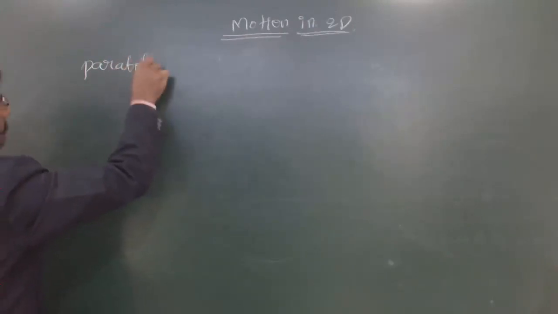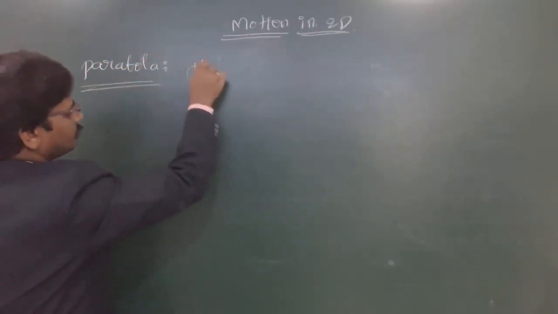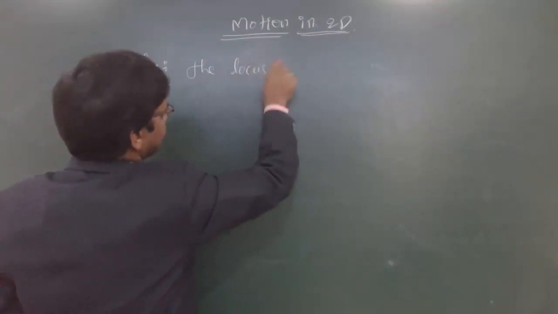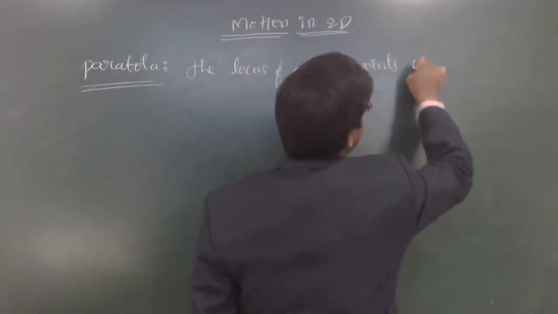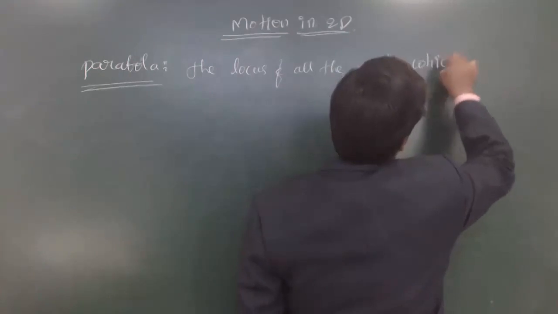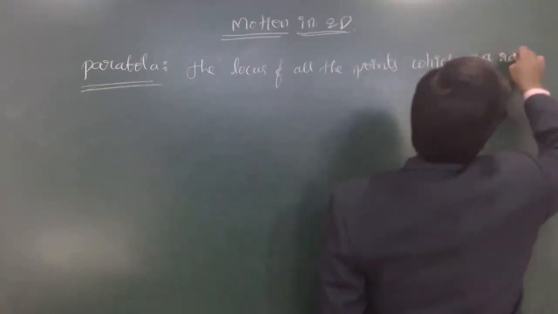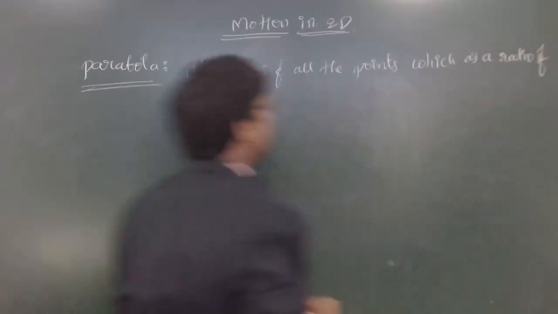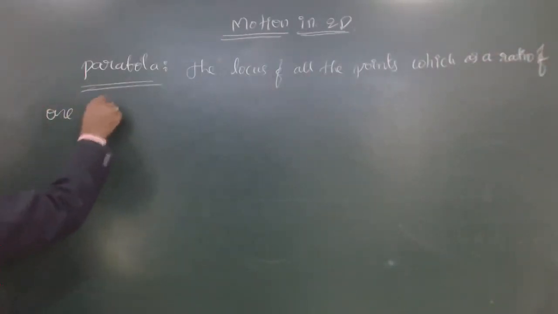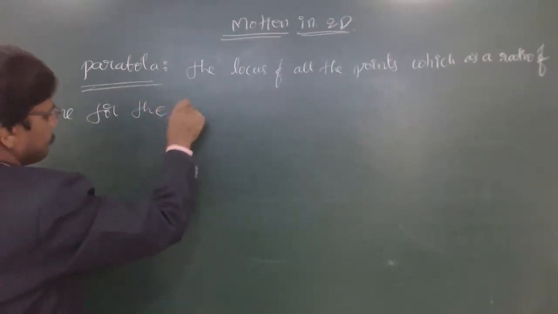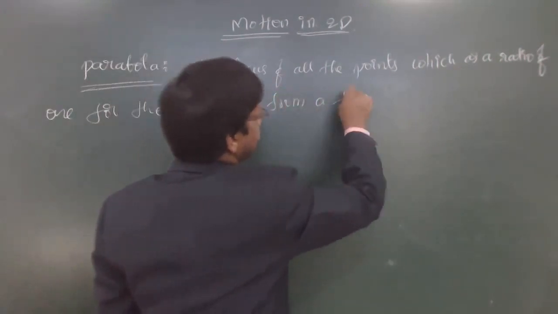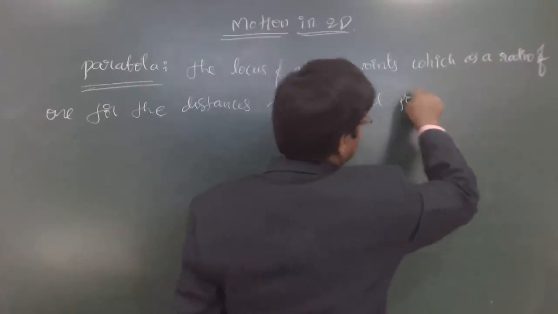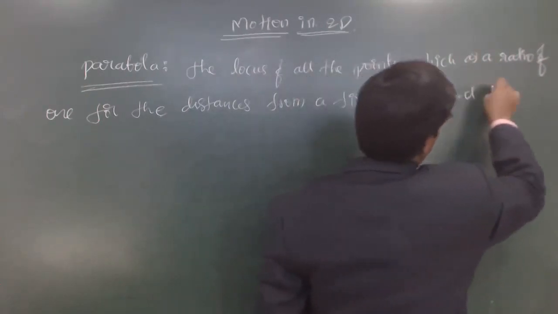So we'll discuss parabola. This parabola is nothing but, by definition, the locus of all the points which has a ratio of 1 for the distances from a fixed point and from a fixed line.